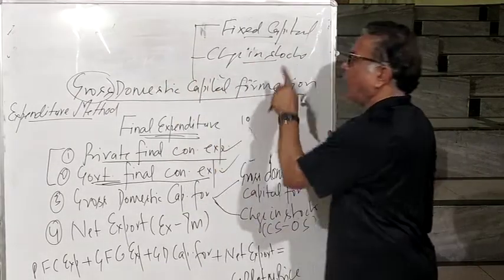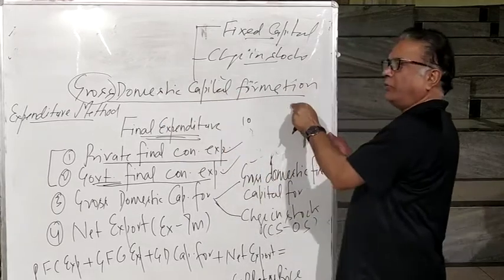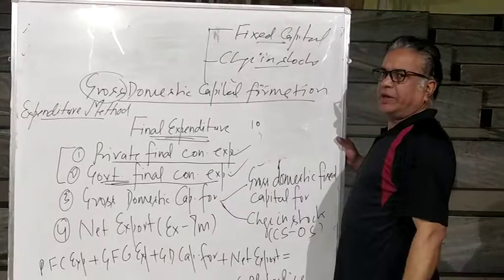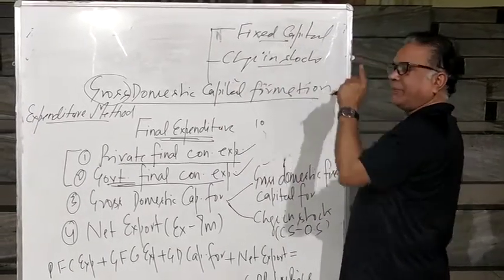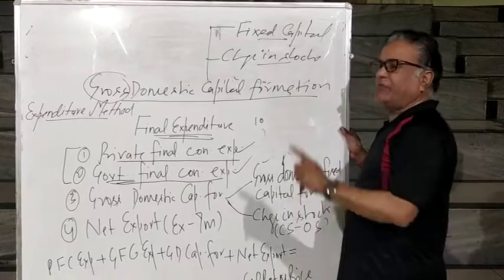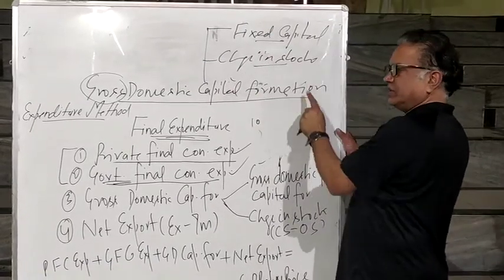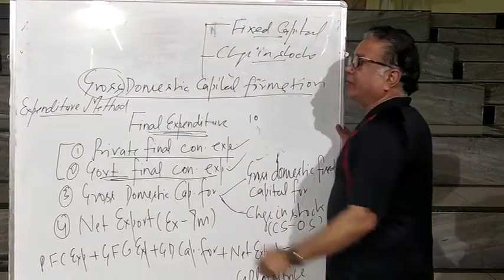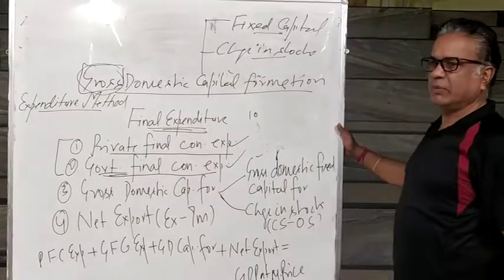Total capital formed within the country including depreciation. If we calculate the total capital, that is fixed capital and change in stock created within the country, and we include depreciation also, that is called gross domestic capital formation.